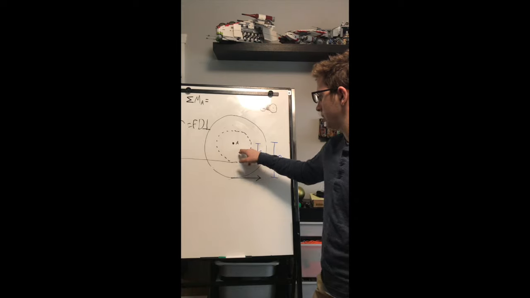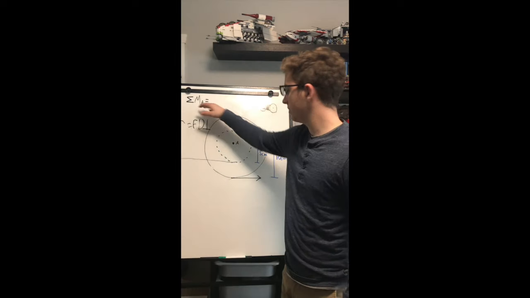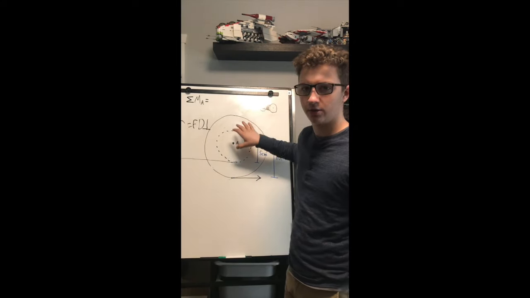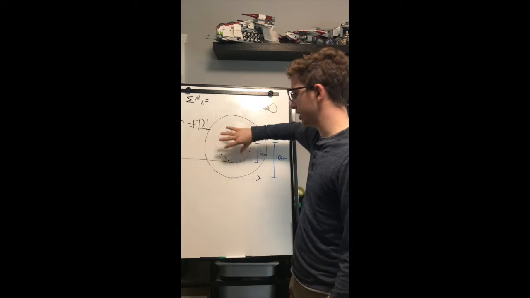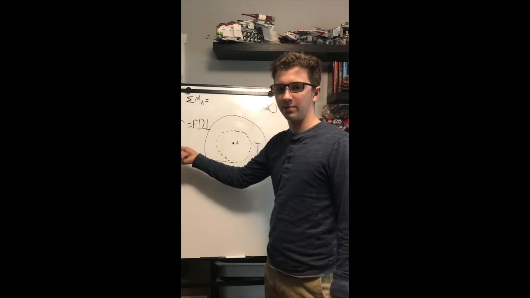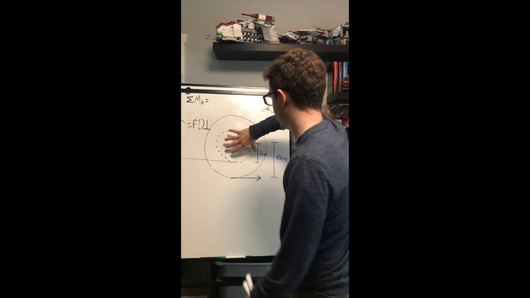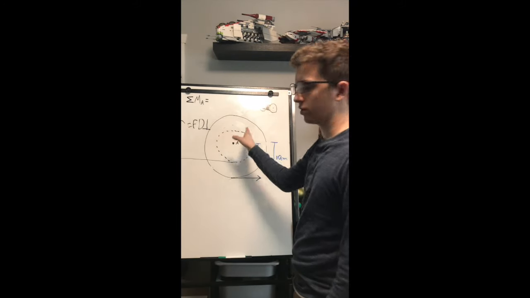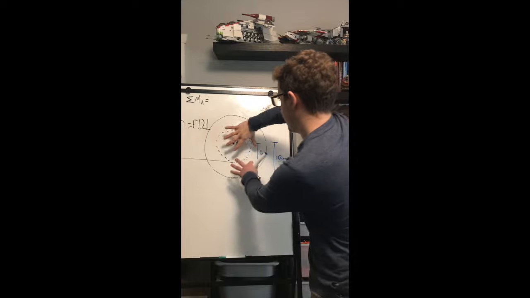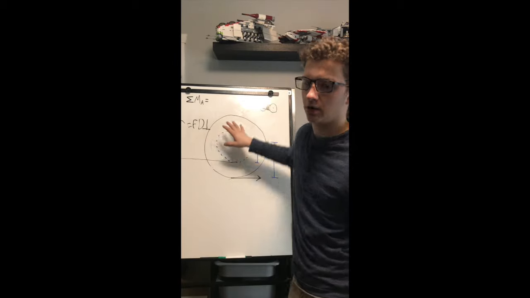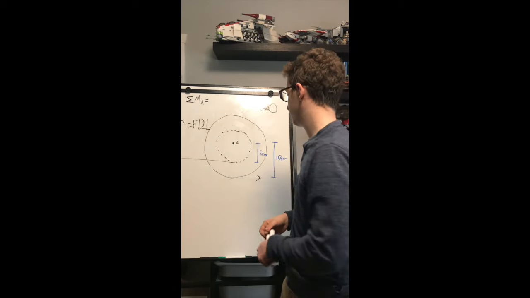So in this case, if we take moments about point A, which is the center of the circle, and that's also going to be the center of rotation, this force applied on the string is applying a negative torque to the system because you can see that it's going to want to rotate it clockwise, and that's negative.